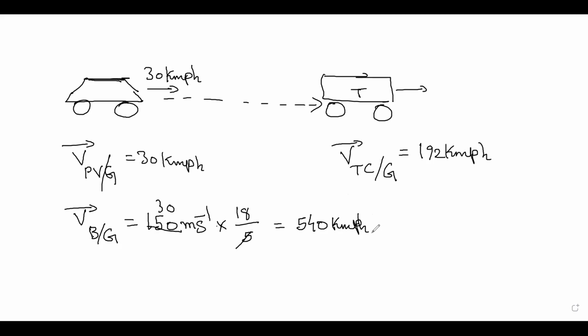Now the thing that happens is this: the velocity of the police van will add up to the bullet velocity, right? By intuition you can understand, because the police officer is also moving and the bullet is being carried. Initially the bullet has 30 kmph velocity, whether it is fired or not. Do you get this concept?